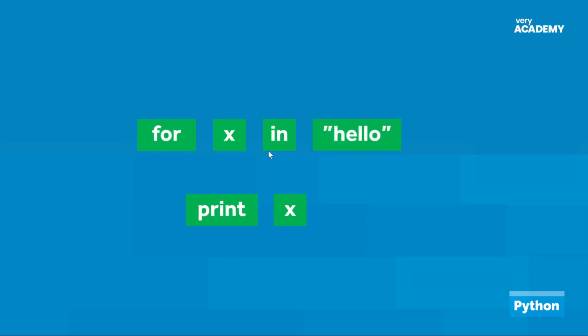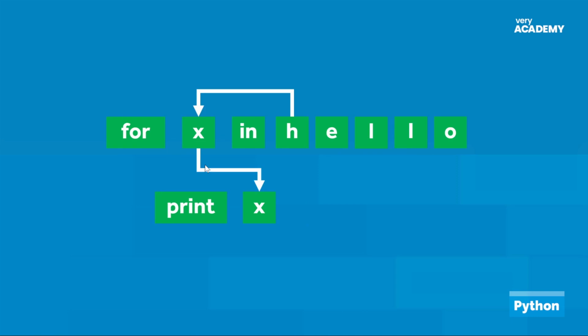So let's take a look at this in the most fundamental way. This was our for loop here. Now I have some of the syntax missing here, but you get the general idea from the example we've seen initially. What's happening here is that the string hello is broken into its individual components, and we're iterating over this string.